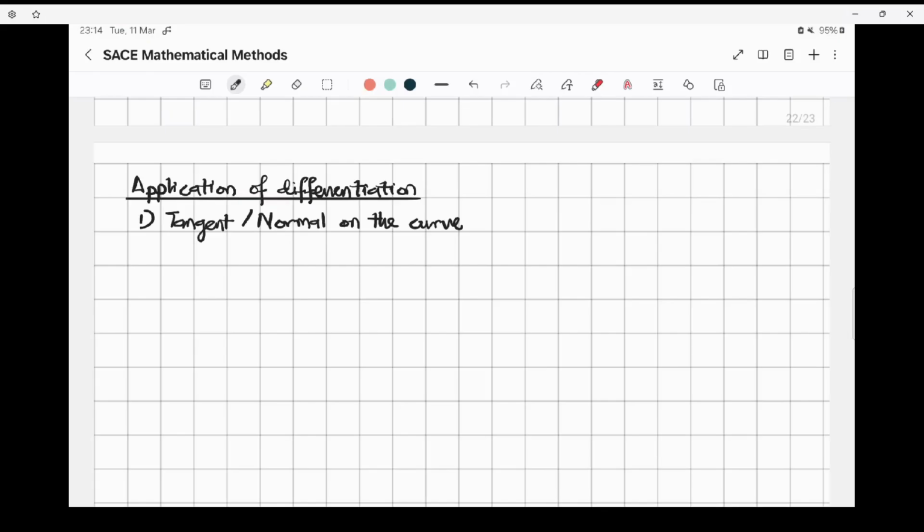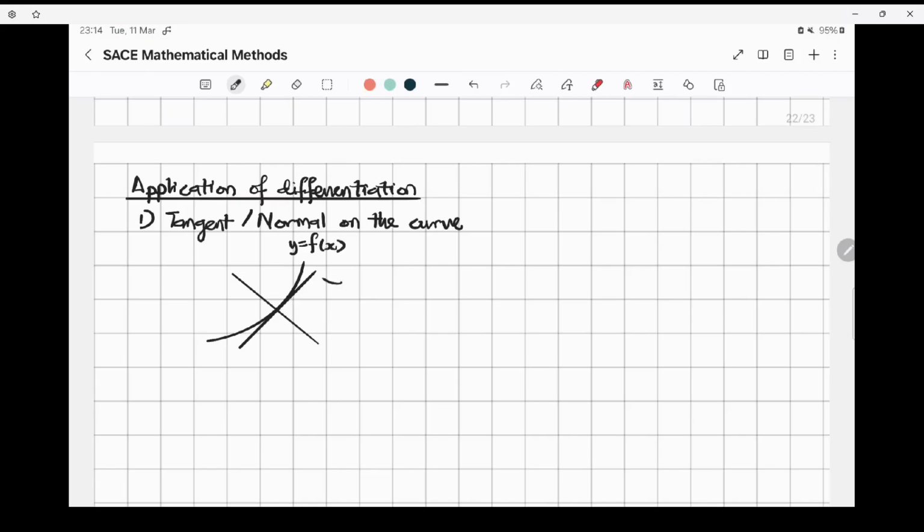So let's say this is your curve, and this is the point that you want to find the tangent with. I also draw the normal. Let's say this is y equals f(x).